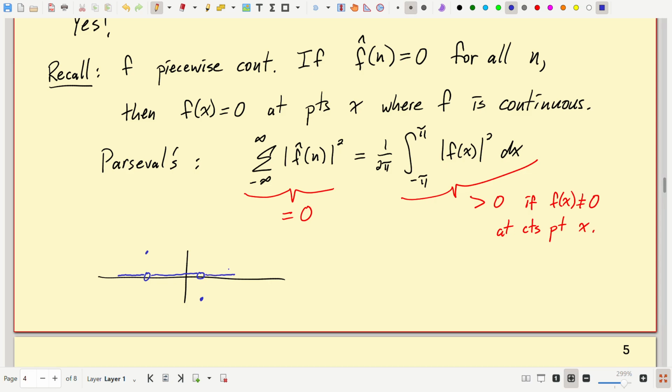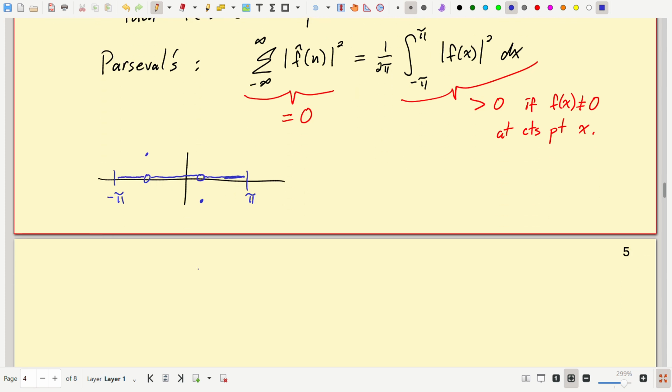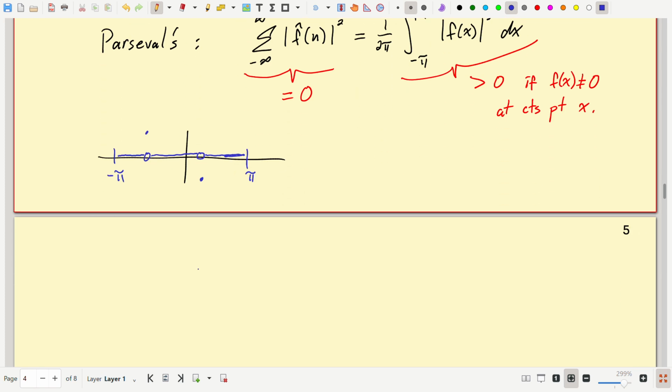Yes, that's what f would have to look like. Wherever it's continuous, it has to be 0. And so there are isolated points where who cares what it is. It doesn't have to be 0 at those weird points, but you might as well make it 0 at those weird points. So I know that fact.